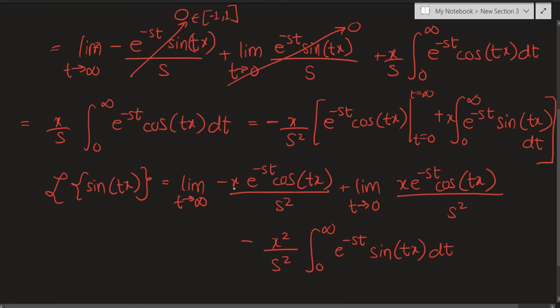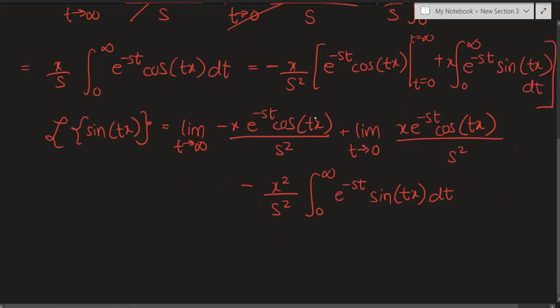So as t goes to infinity again, cosine, like the sine, is bounded between -1 and 1, and e raised to negative infinity will decay to 0, so this term will go to 0. As t goes to 0, we have e raised to 0, which is 1, cosine of 0, that is also 1, so we have x over s squared because these other terms will go to 1.